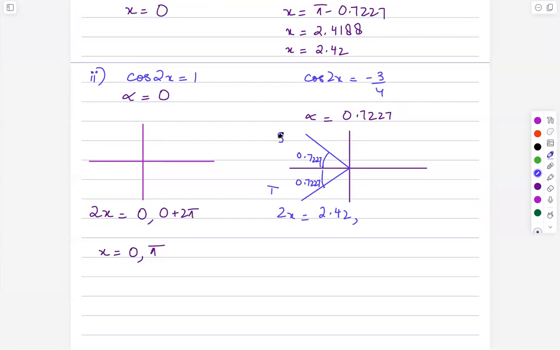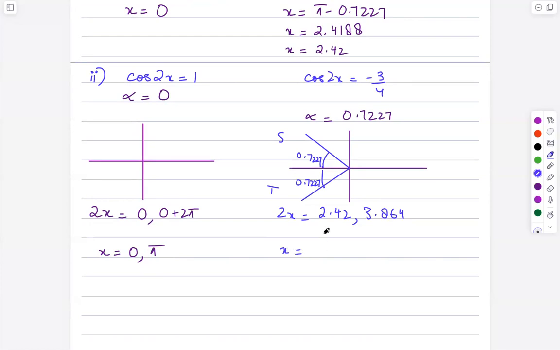So adding pi to 0.7227, that is equal to 3.864. And now as it is 2x, we can add 2 pi to both of these answers, but when we divide by 2, the answer will be above pi. So we'll just leave it to these two values.